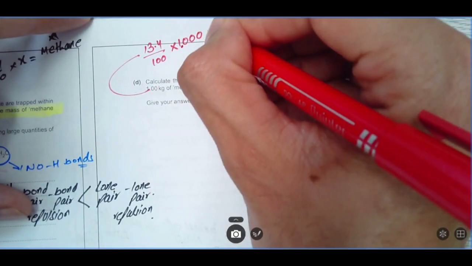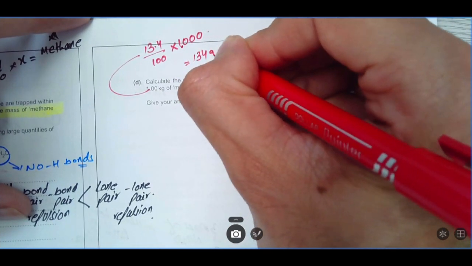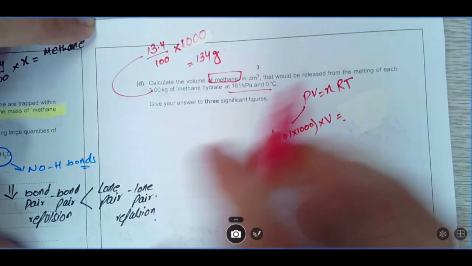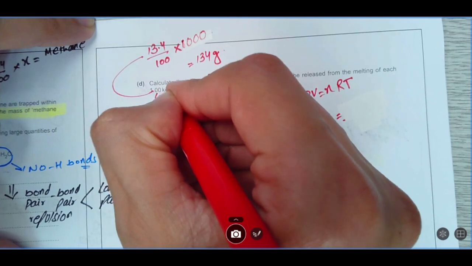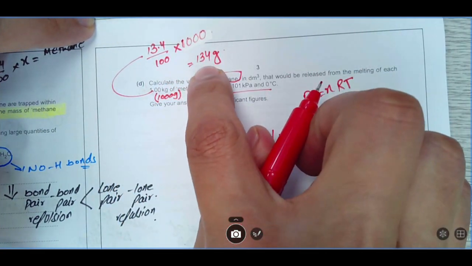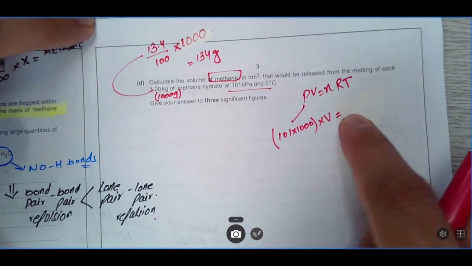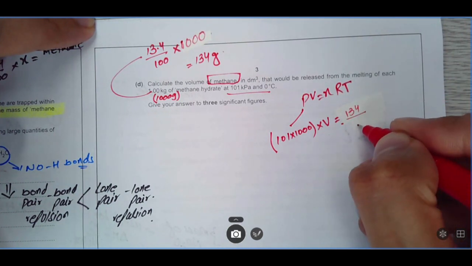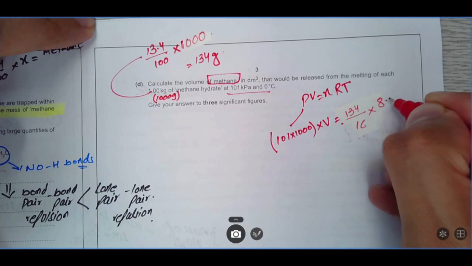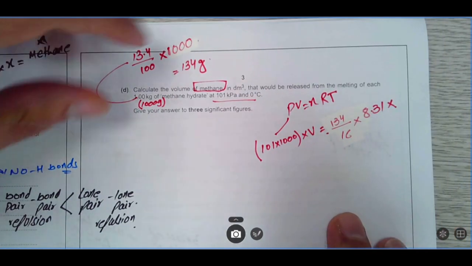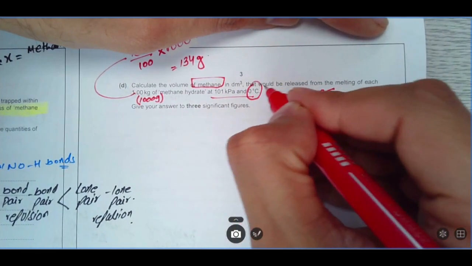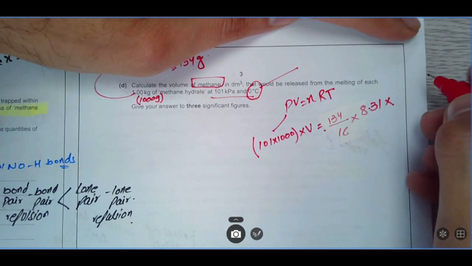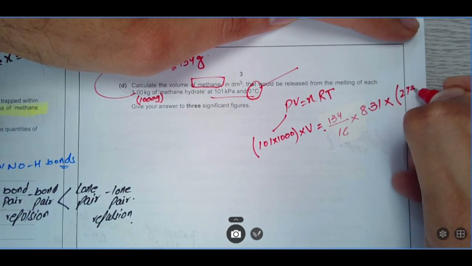If I change it to grams, then I can say it will be 134 grams. Now to work out the moles, I'll do 134 divided by 16, times 8.31, times, I can't use temperature in degrees Celsius. It has to be in Kelvin now. So it will be 273.